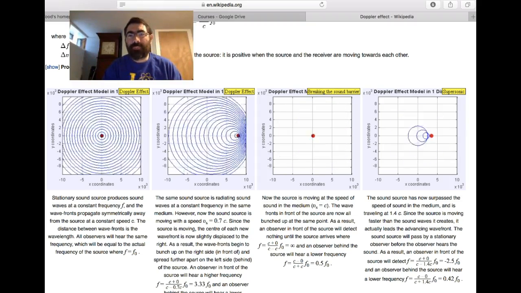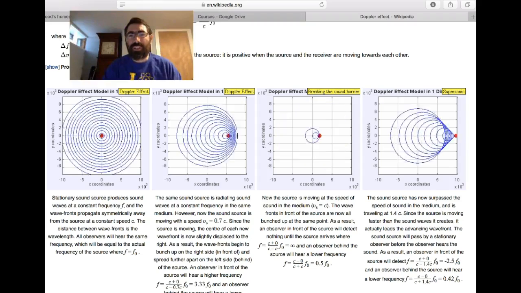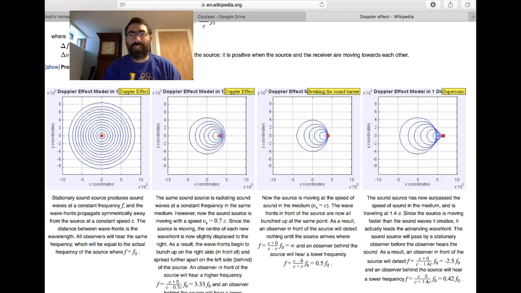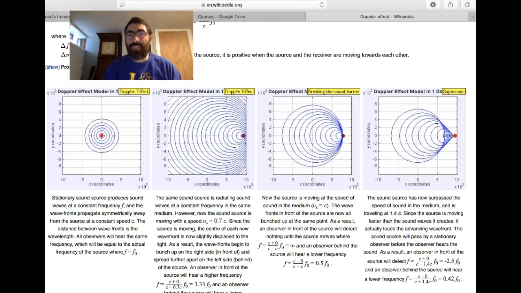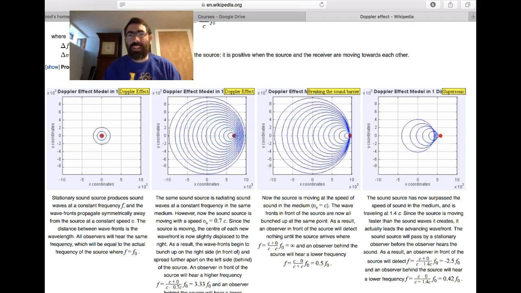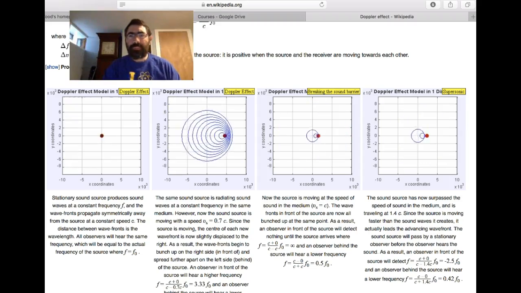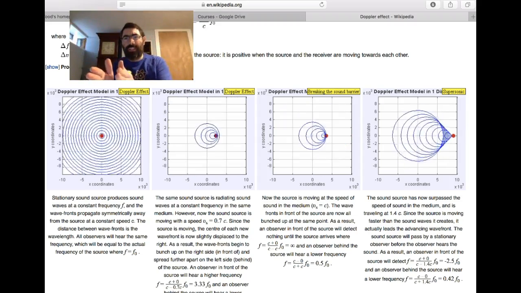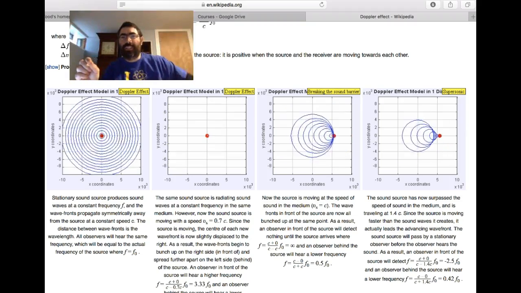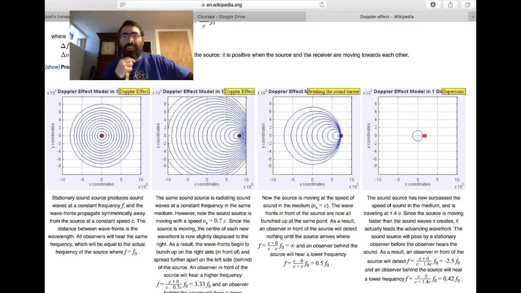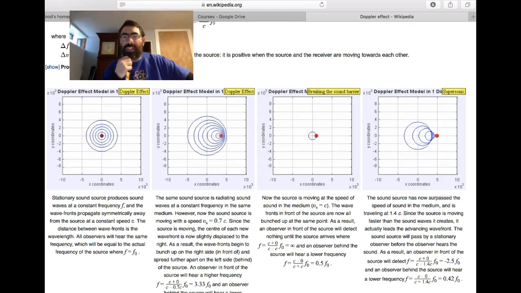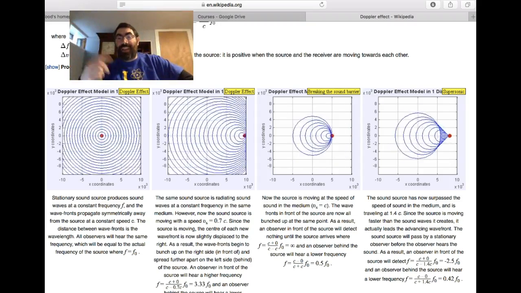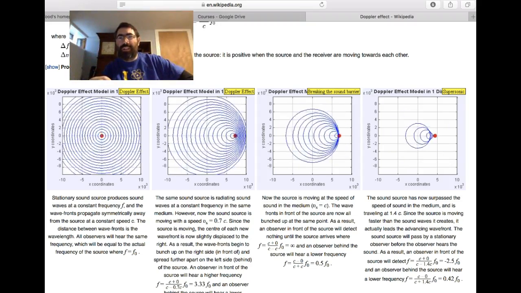But the interesting thing is that now you can actually calculate what the frequency is going to be with the Doppler effect if you're going at the speed of sound. So the source is now moving at the speed of sound. And so what you have then is that dot is now riding on the very edge of those circles, the wave fronts that are coming out. And finally, what you can do is think of going faster than the speed of sound.